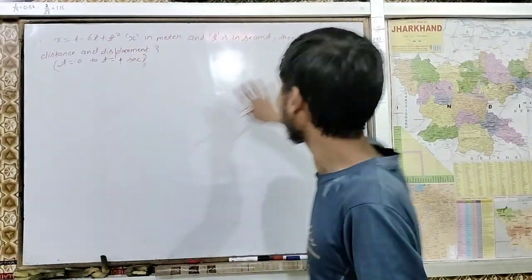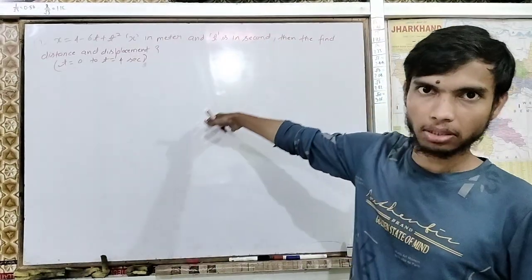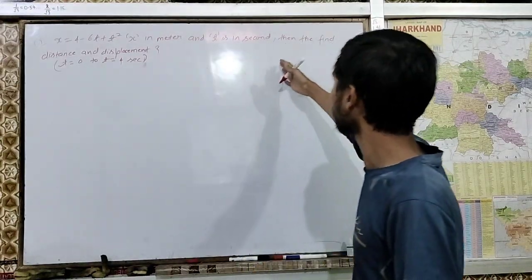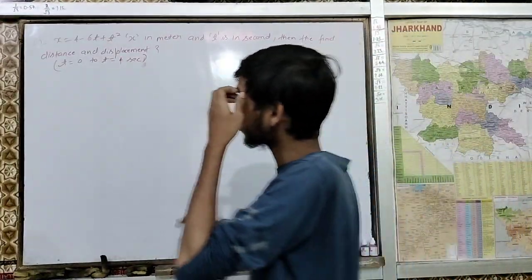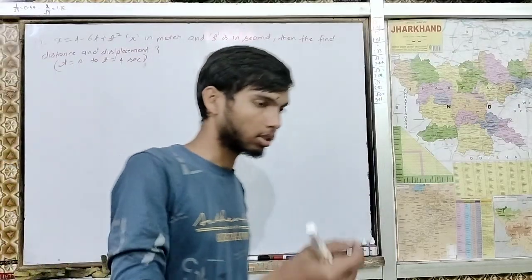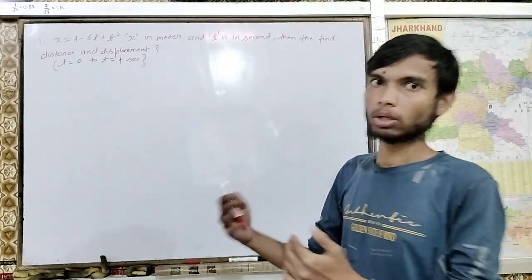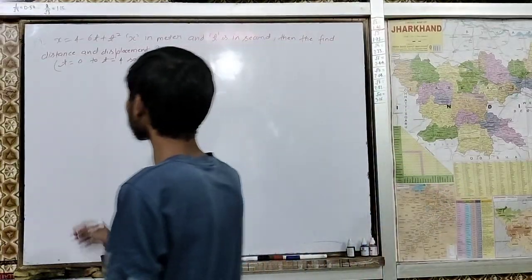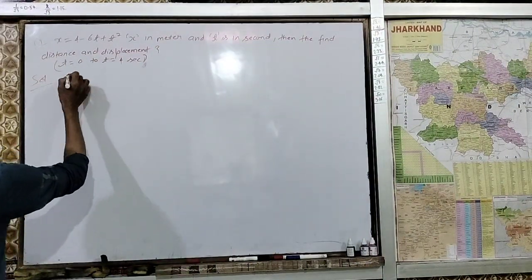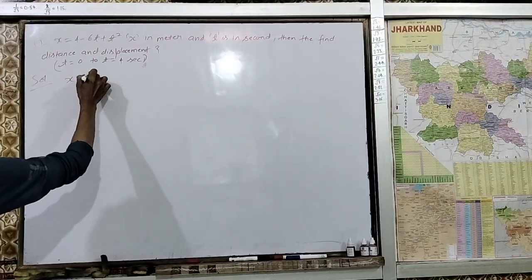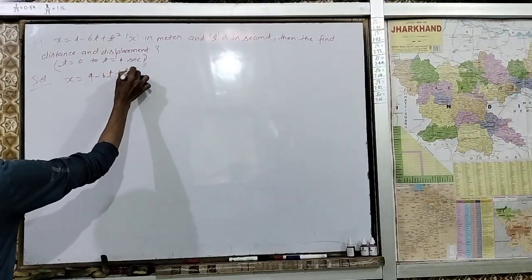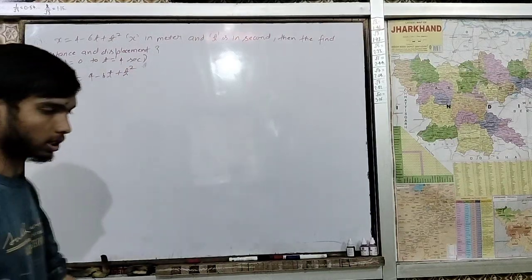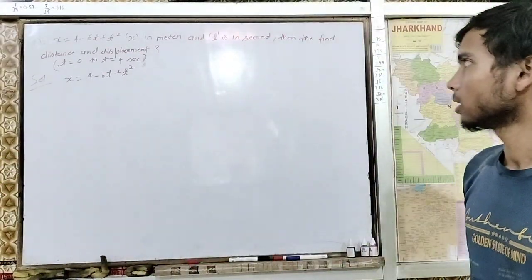This equation is given, and we have to find the distance and the displacement by the help of this equation, from time t equal to 0 to time equal to 4 seconds. Whatever is given, you can write x is equal to 4 minus 6t plus t square. This is what we have got.